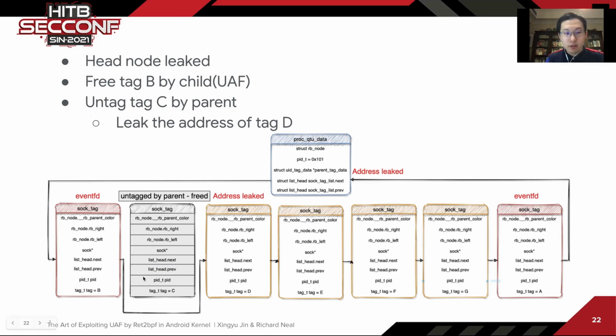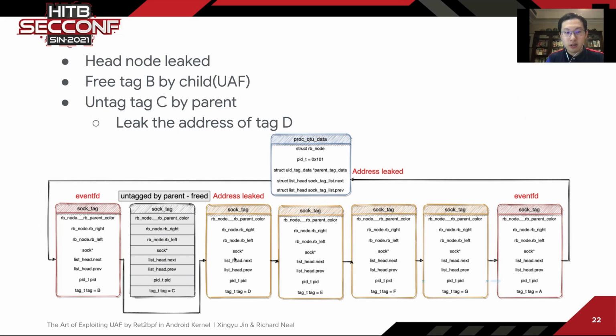Following this way, you can also leak the address of the list head. There are also another three different tag structures, E, F, and G, in the linked list. We will talk about them later. So the key point here is that we have a socket tag address and a list head address.